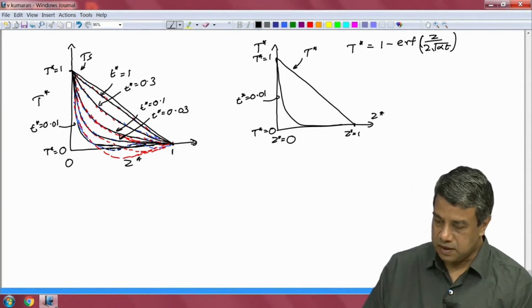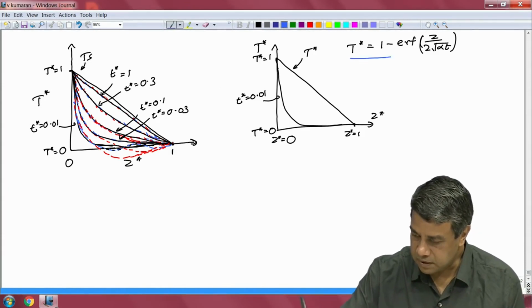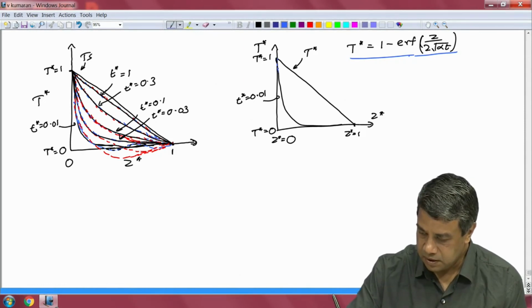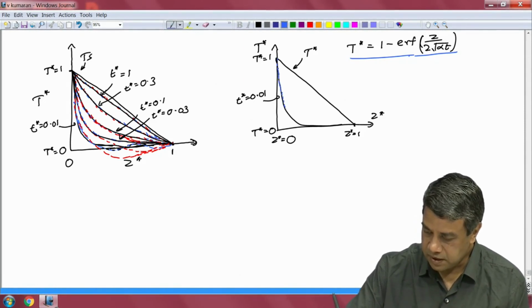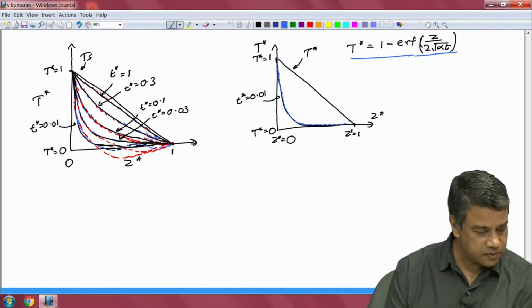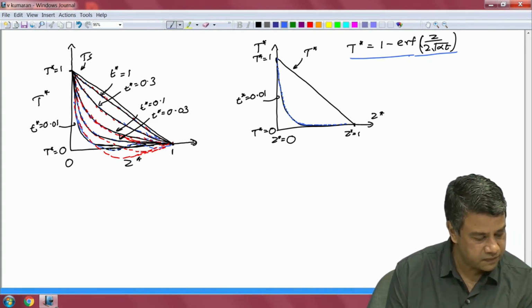Okay. And if you actually plot this solution in the limit of early time, then it very accurately captures the temperature profile even in a finite channel, even in the limit of very small times. Okay.